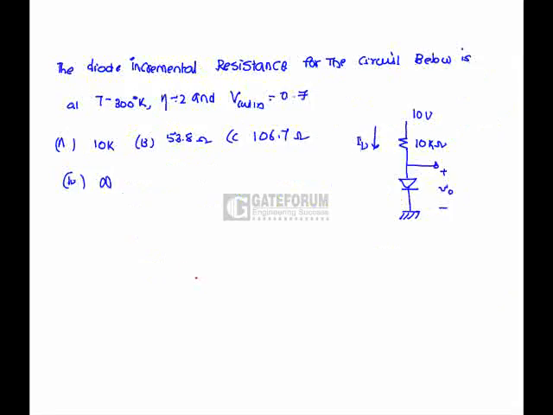The question is, the diode incremental resistance for the circuit below is. We know that the dynamic resistance of a diode is given as eta Vt by the diode current ID. Here the diode current ID is given as (10 minus 0.7) divided by 10k.